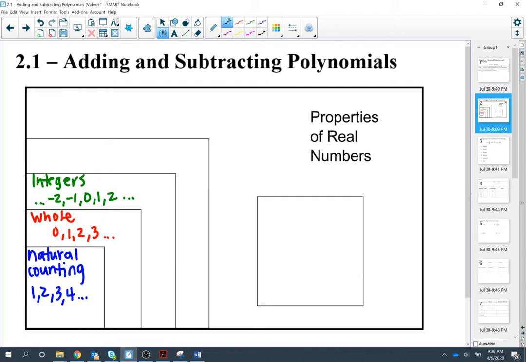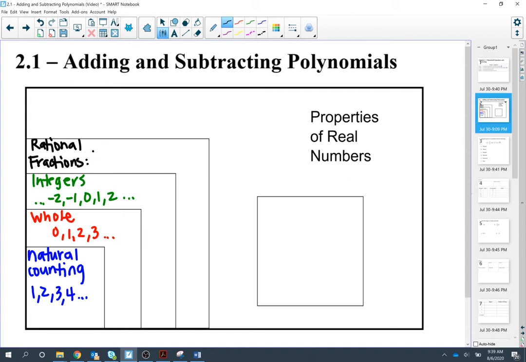Now, moving up from your integers, we have even more. And most of you are now thinking, okay, well, what about like our fractions? Okay, so we also have fractions where we can put all those numbers on top of each other, and those are called your rationals. Okay, so rational numbers. Now, rational numbers kind of have a couple different things in here, and the first one is, of course, your fractions.